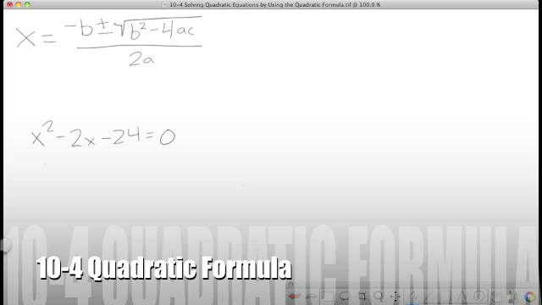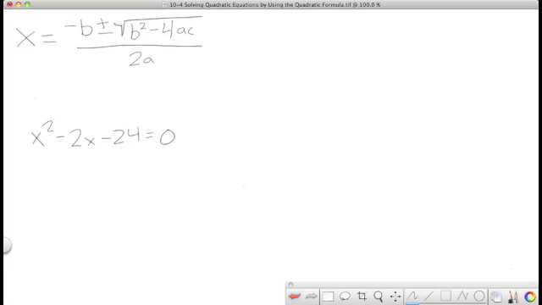So now we're going to use the quadratic formula. So remember that in a quadratic equation written this way, the x squared coefficient is a, this is b, and this is c. So a is 1, b is negative 2, and c is negative 24. All we have to do is make sure we plug them into the quadratic formula, so let's go ahead and get started.